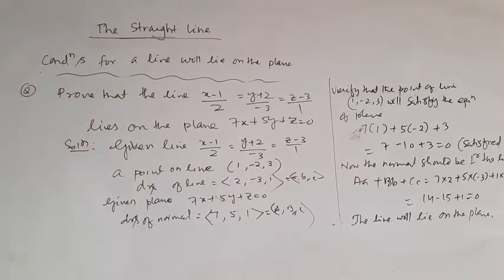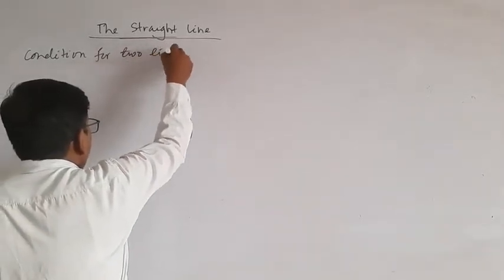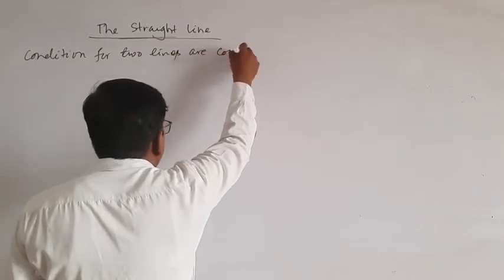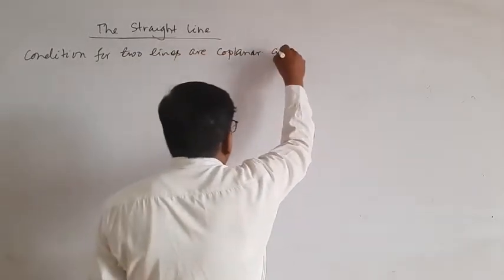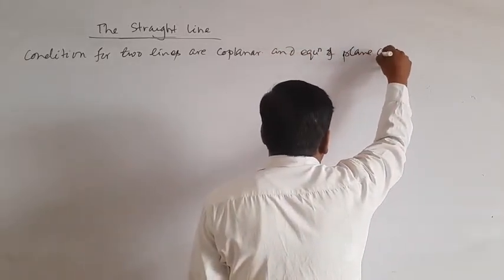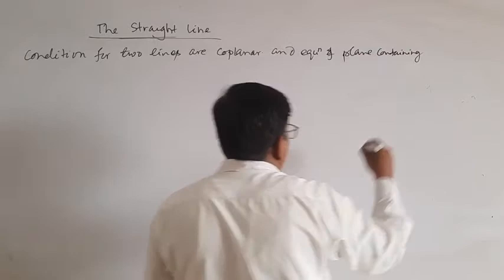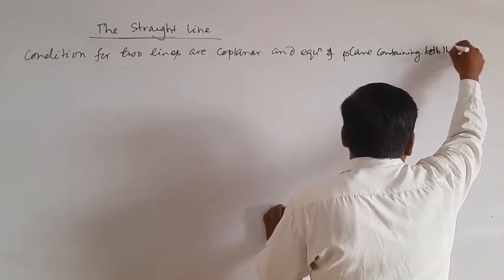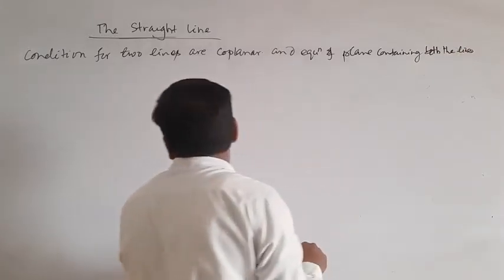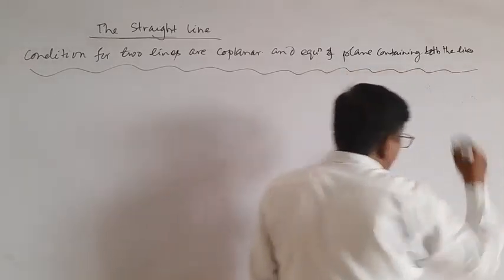Condition for two lines to be coplanar and equation of plane containing both the lines.